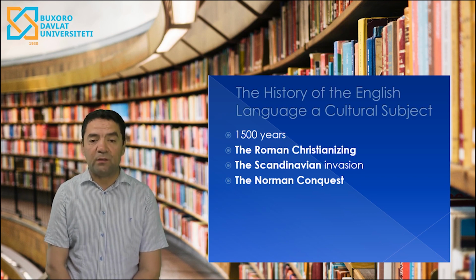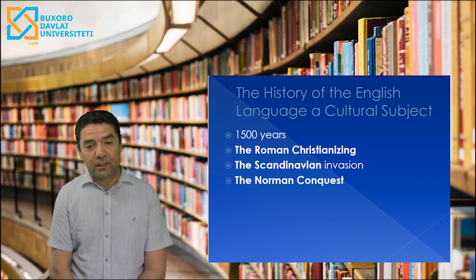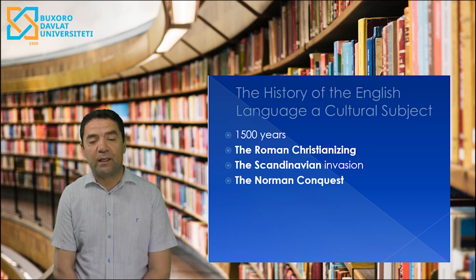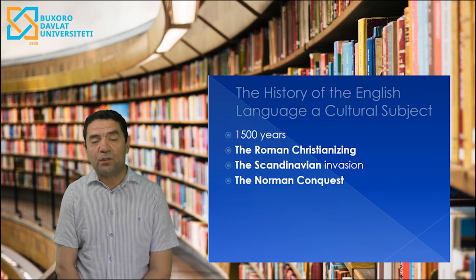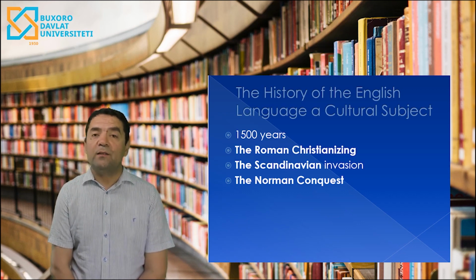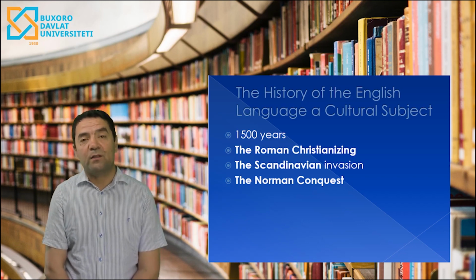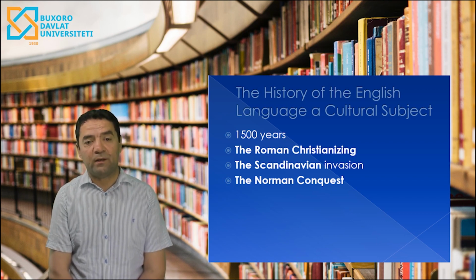Another impact on the development of the English language was the Scandinavian invasion of the 9th century, because of the interrelation between two languages, the English language and the Scandinavian languages. A lot of Scandinavian borrowings appeared in the structure of the English language, and to understand the nature of those borrowings, it is worth mentioning the Scandinavians, their language, their culture, and their impact on the English language and its development.